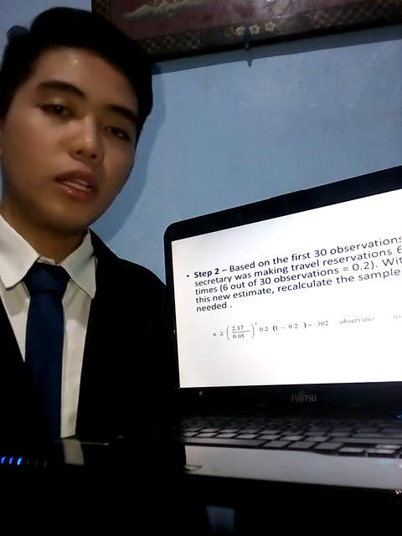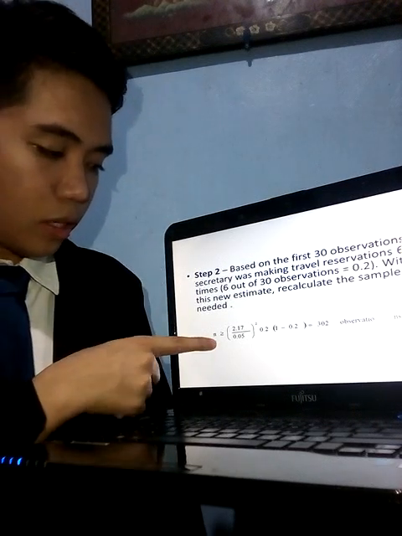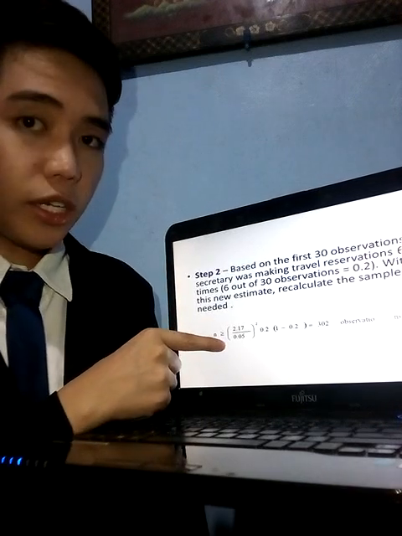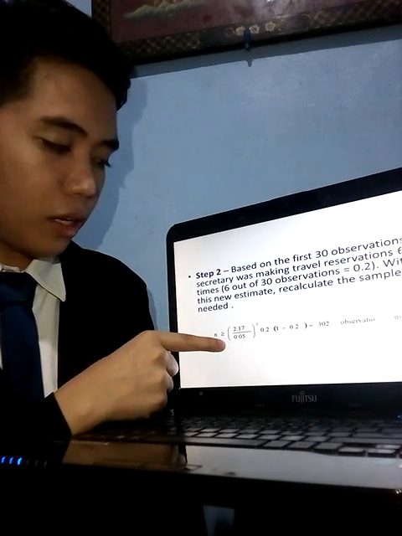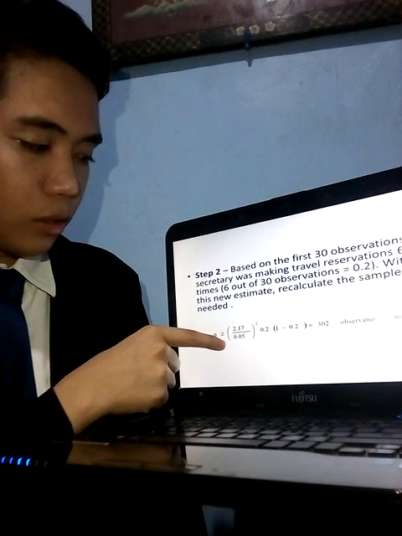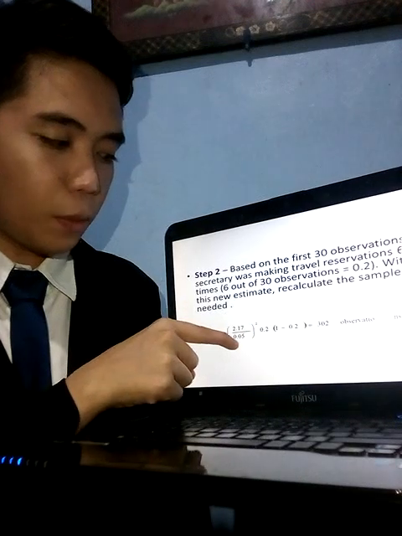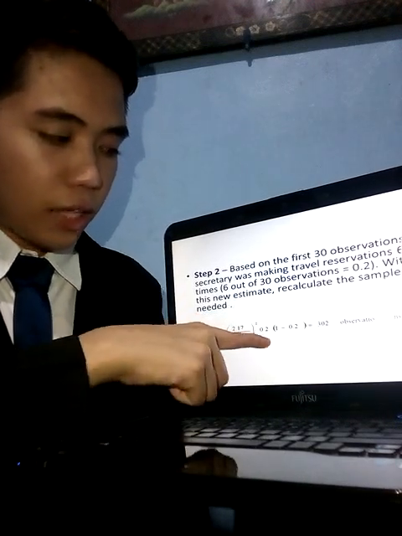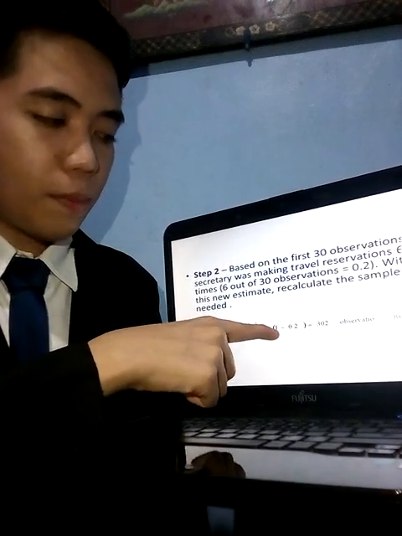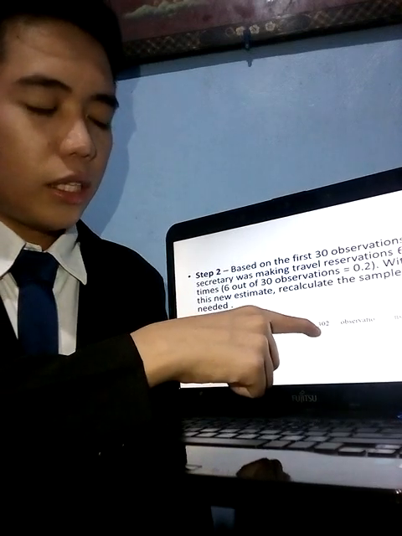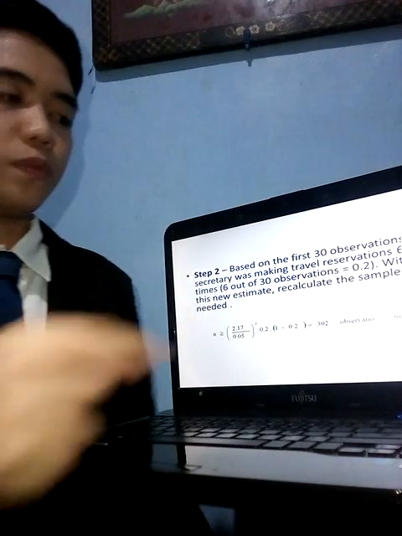So again we substitute: N greater than or equal to 2.17 over 0.05 squared times 0.2 times 1 minus 0.2 is equal to 302 observations.